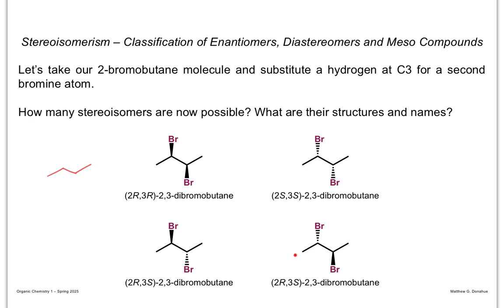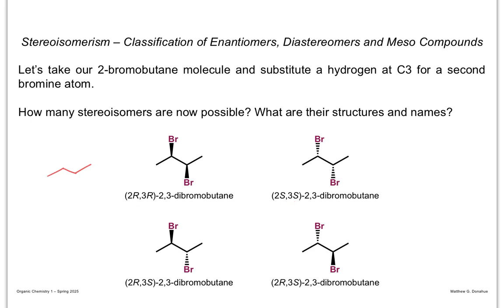If these were enantiomers, so you spotted one aspect of it, if these were enantiomers, those designations should be opposite, right? Because up here you have 2R, 3R and 2S, 3S.